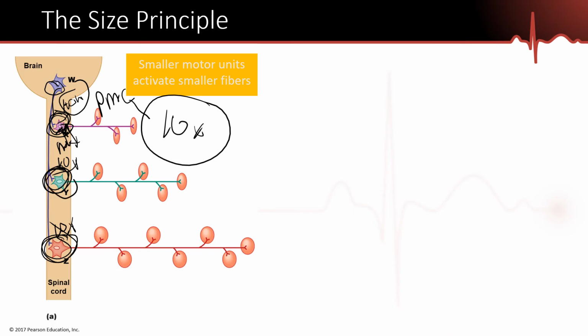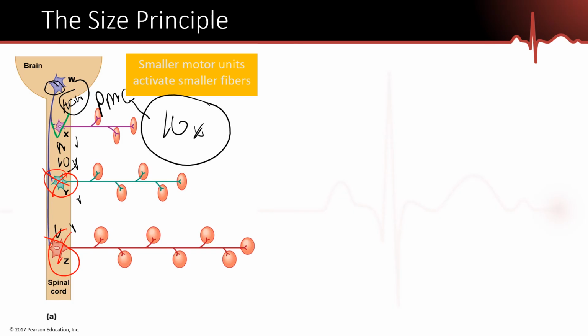But because alpha motor neuron Y and alpha motor neuron Z are bigger, it's actually not enough acetylcholine to allow enough sodium into either one of these to actually get them to threshold. So alpha motor neuron Y and alpha motor neuron Z won't get to threshold, but alpha motor neuron X will get to threshold.